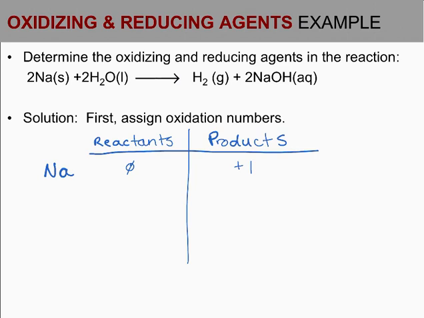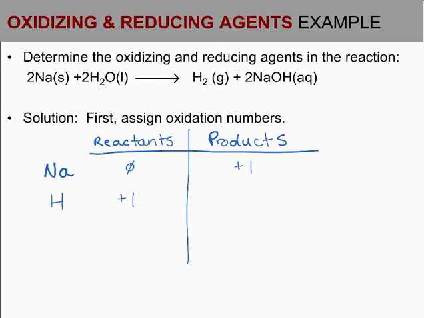Now let's go to hydrogen. When hydrogen is in a compound, it always has the value of +1. In the reactants, hydrogen is in the molecule water, so we're going to give it a value of +1. And then in the products, hydrogen is actually existing in two different molecules.